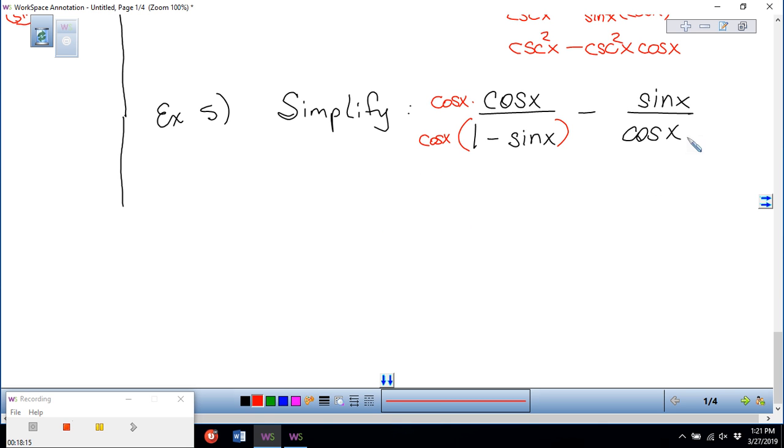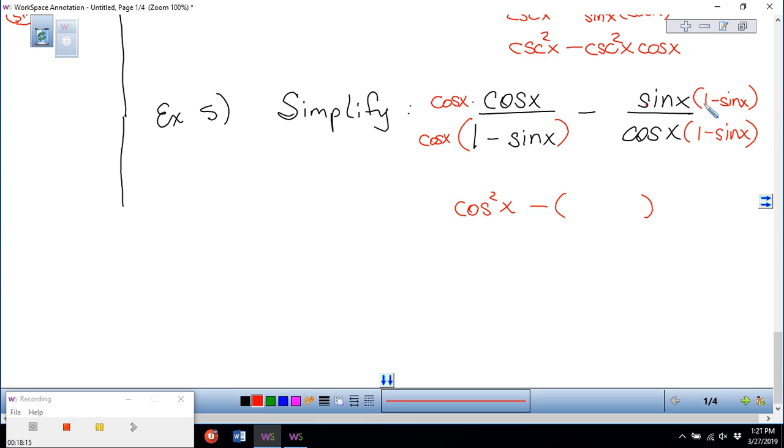And then for our second fraction, we're going to multiply it by 1 minus sine of x. And so whatever I do to the bottom, I do to the top. And so now we've gotten a common denominator. Now I'm going to simplify my numerator. Cosine times cosine is cosine squared of x minus, now this is a quantity, so I'm going to keep it in parentheses for the moment.